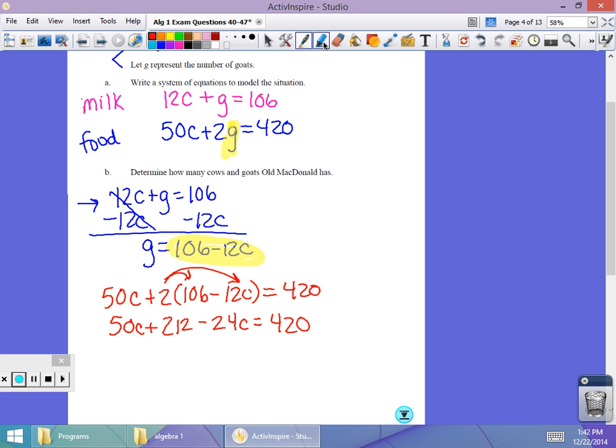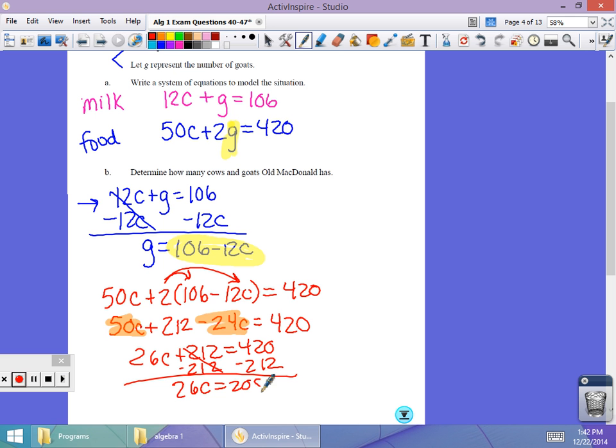I'm going to combine like terms here. 50C minus 24C is 26C plus 212 equals 420. I'll subtract 212, leaving me with 26C equals 208. Last but not least, divide by 26. C equals 8.